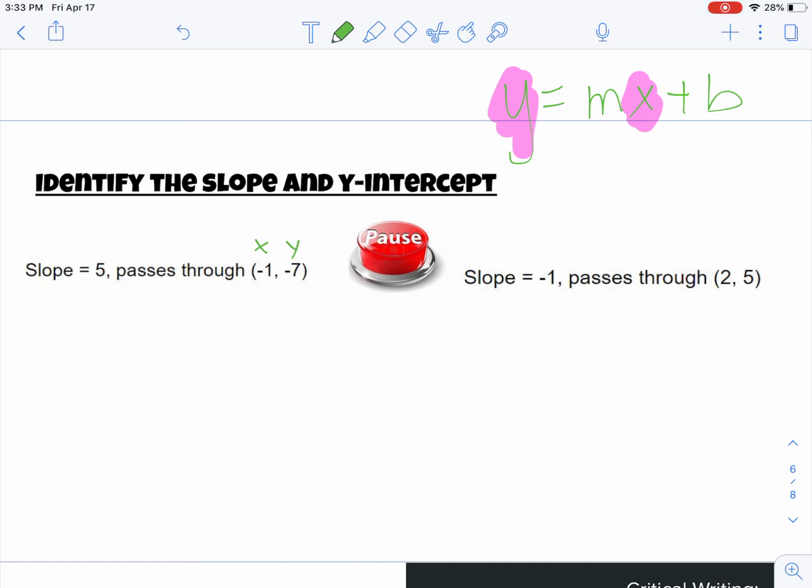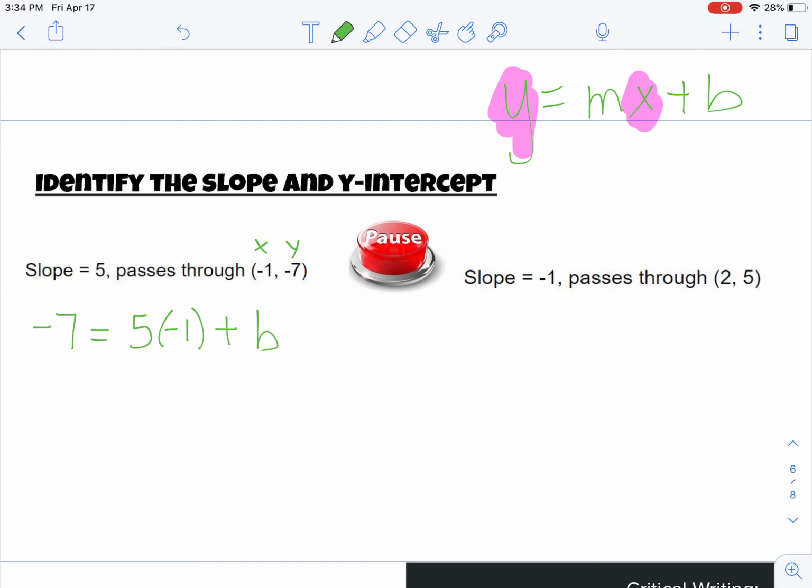So I've got y, which I've already said is negative 7, right? Is equal to the slope, which is 5, right? Times x, which is negative 1, plus b.